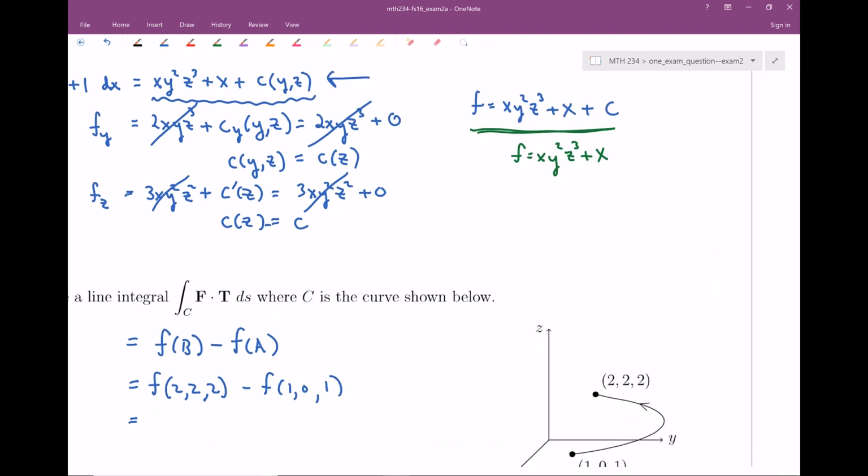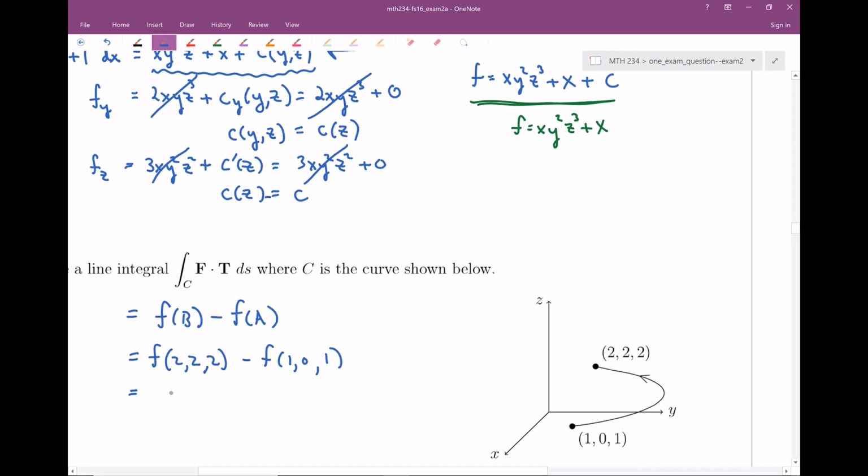So if I go ahead and plug in 2, 2, 2. So 2 for x, that's going to be 2 times 2 for y. Y has to be squared, so that's going to be 4 times z cubed, so z is also 2, so 2 cubed is going to be 8, plus x, so x was 2 in this case. So here is my f of 2, 2, 2, and I need to subtract away from that f of 1, 0, 1. So the fact that y is 0 is going to kill off that first term.